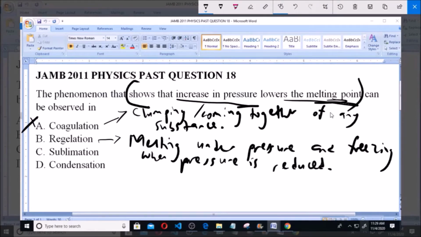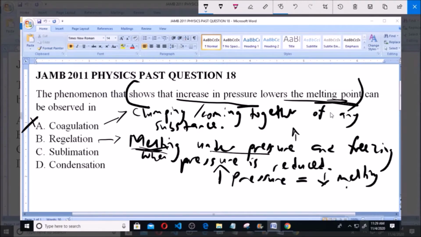So in regelation, what is indicated is melting under pressure. When the pressure is increased, the melting point decreases, and thus melting occurs much more quickly when more pressure is applied. So you can say increase in pressure indicates decrease in melting point.